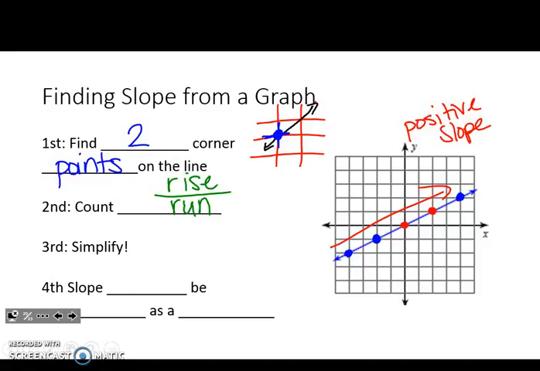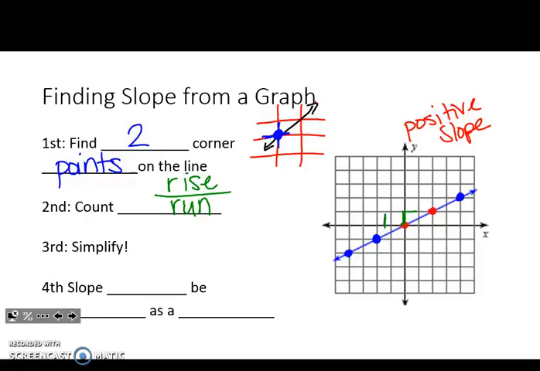Okay. So then I'm just going to count how many blocks I would have to rise and then how many I would have to run to go from one point to the other. So if I start here and I go up so that I'm on the same line as that other dot, I had to rise up 1 block.